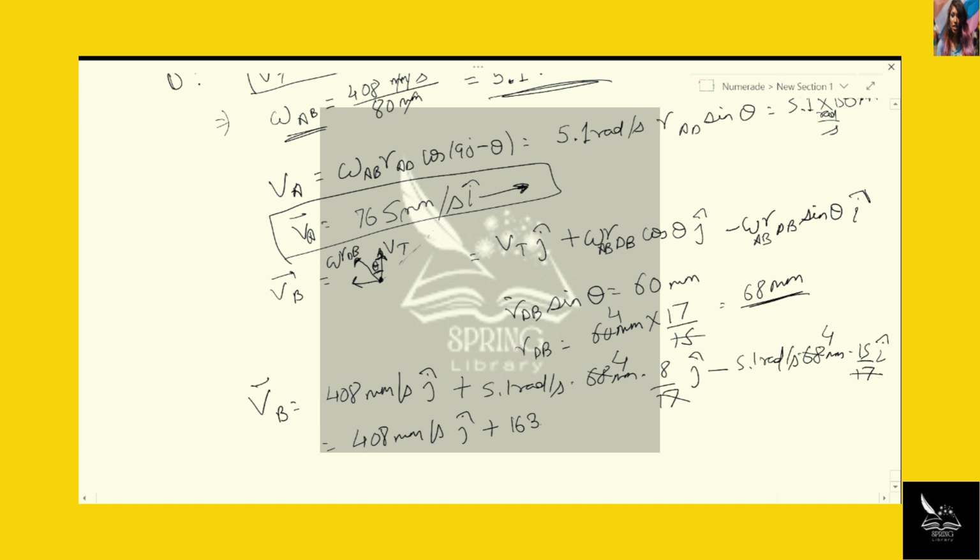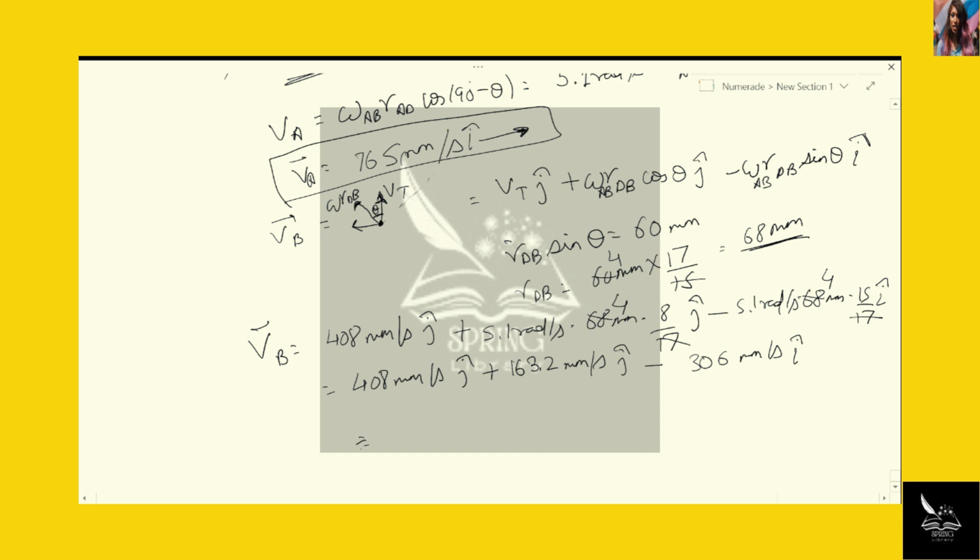So 160 plus 3.2, so 163.2 millimeters per second times J, minus, so this is 60. 60 times 5.1 will be 6 times 51, so 6 ones are 6, 6 fives are 30, so finally we get minus 306 millimeters per second I, plus we can sum these two numbers. 408 plus 163.2 is 571.2 millimeters per second J. So this gives us the velocity of point B as well.